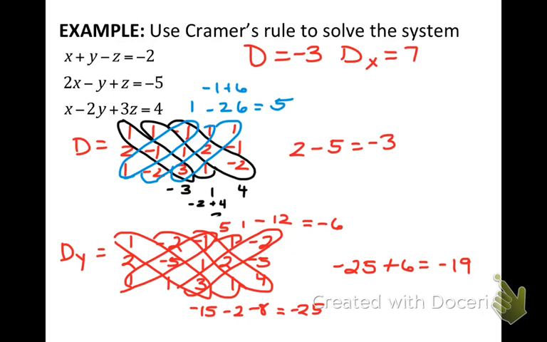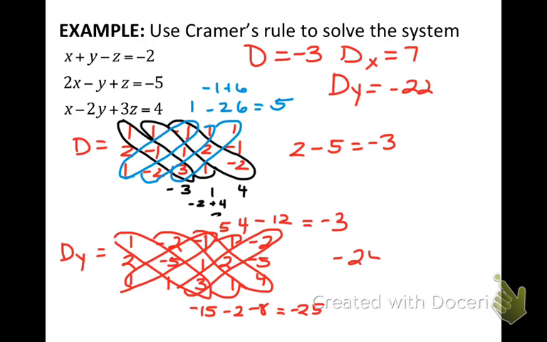I'm going to keep forgetting to subtract a negative. So dy is negative 22. Now let's do z.